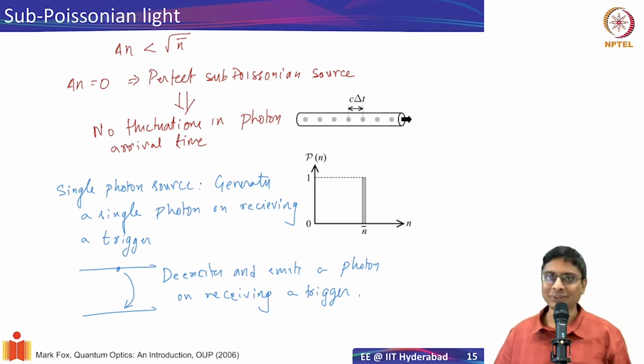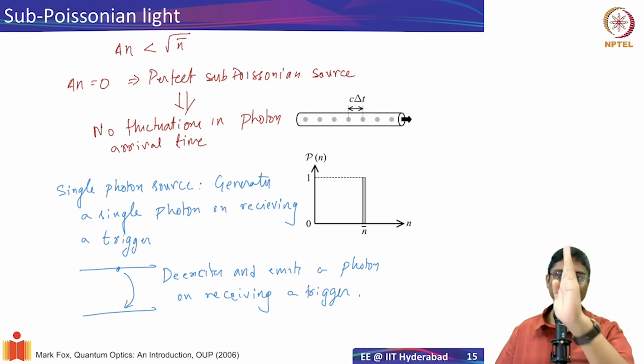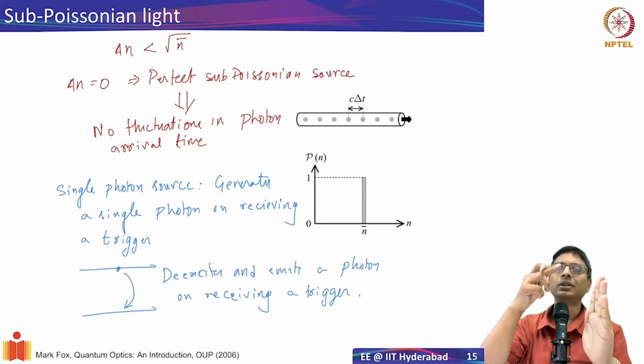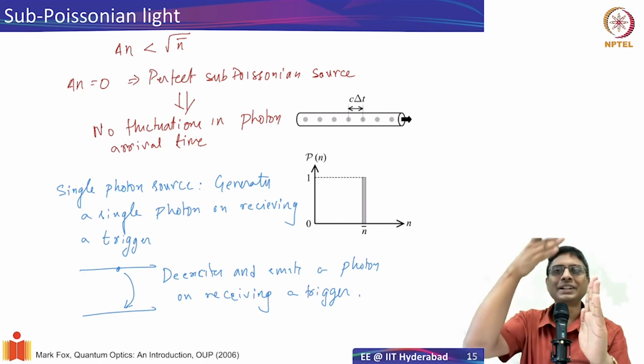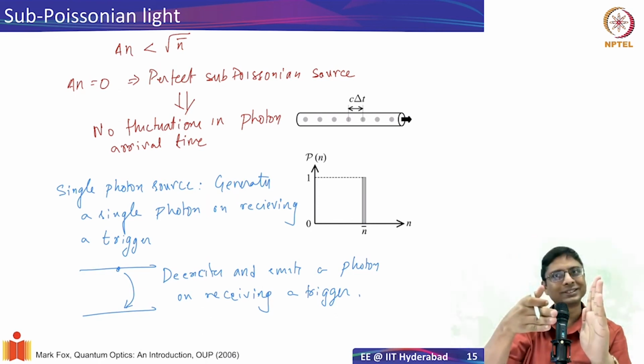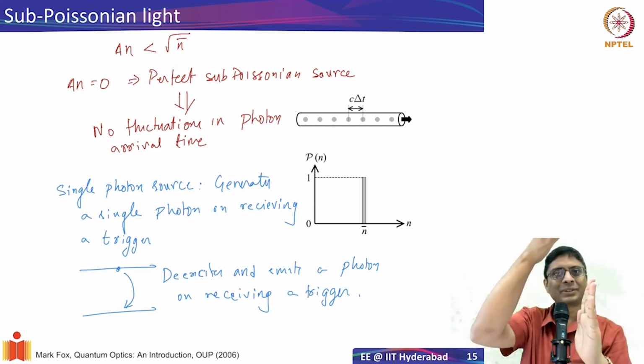There's a certain lifetime associated with it. Let's say I send a trigger with a frequency of 1 megahertz. 1 microsecond, 2 microseconds, 3 microseconds, and so on, I trigger. But will it emit a photon exactly at 1 microsecond? No, there's going to be some gap. But provided my radiative lifetime is very, very short, I can emit close to that.